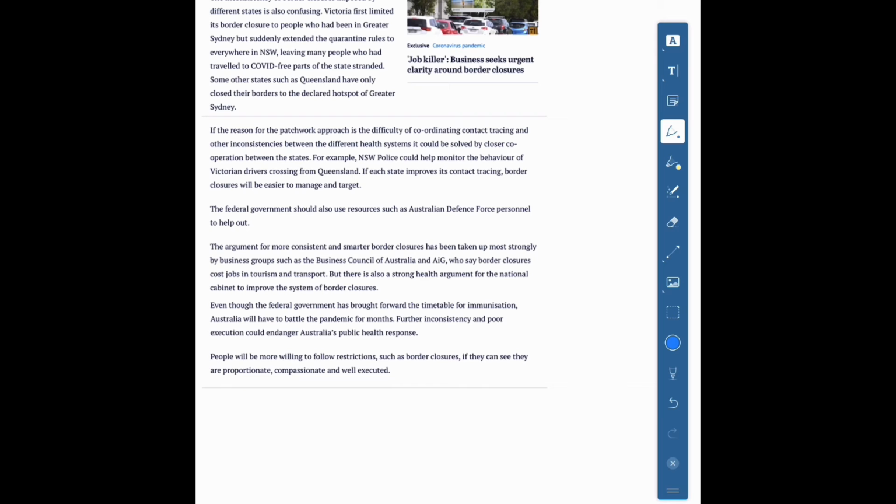So again, we find the negative word of inconsistency in paragraph 8. Again, this is another negative event, or I should say incidents, that show the policy needs improvement. And have a look at this: starting from here down, these are the recommendations.